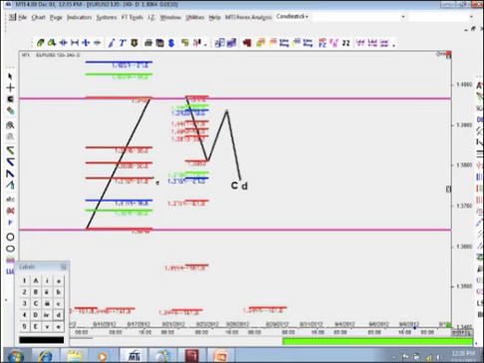You got it? Yep. Now watch this. Market retraces all the way back to the 618, comes up like this to the 382.